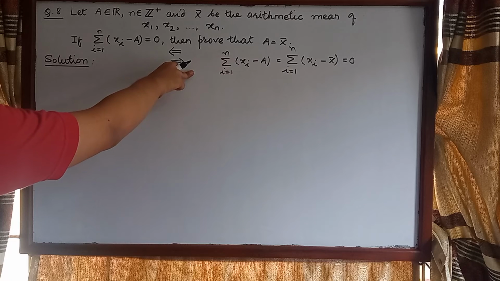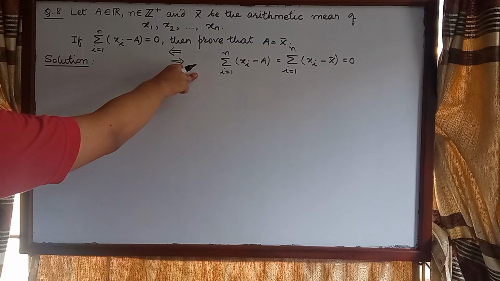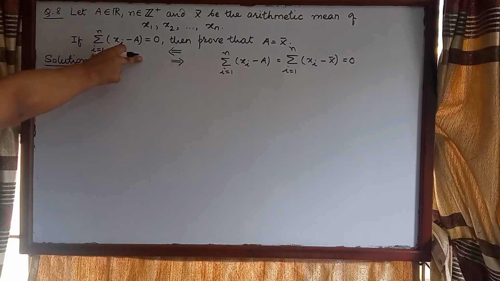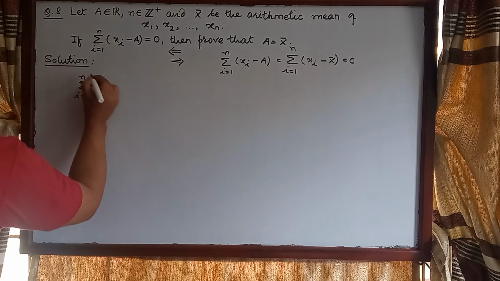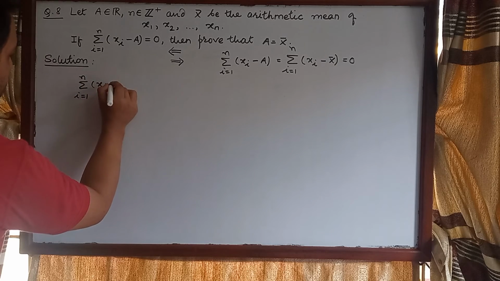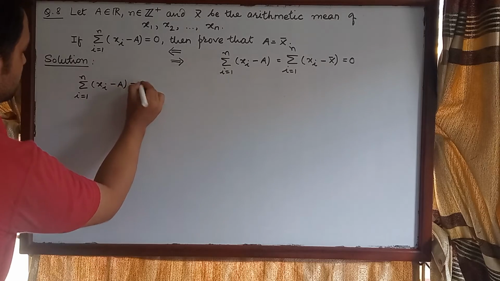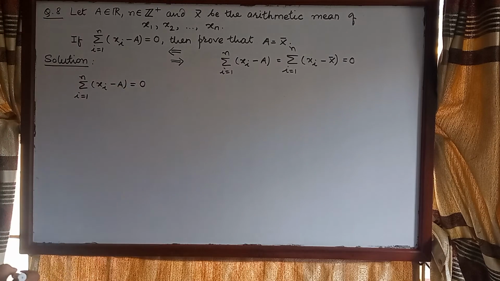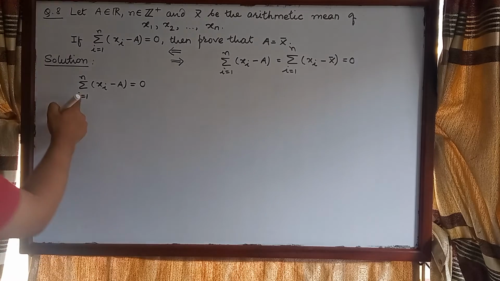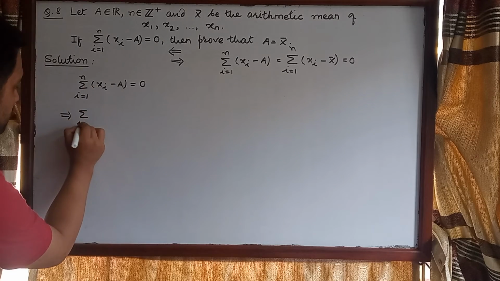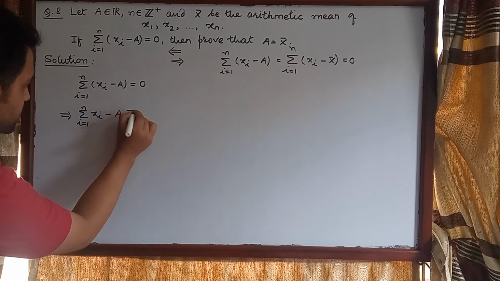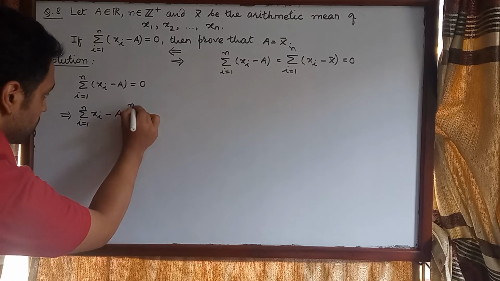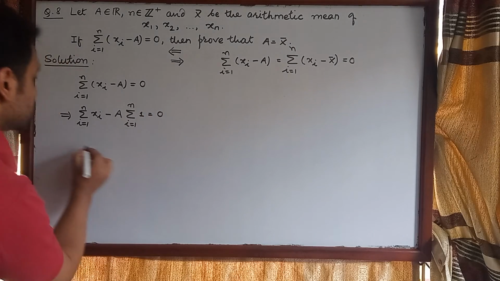Now for this, what are we going to do? It's very simple. We're given this, so since we have the summation i equals 1 to n of xi minus a equal to 0, we will get from the linearity property of the sum, xi minus a is a constant, so i equals 1 to n of 1 equal to 0.